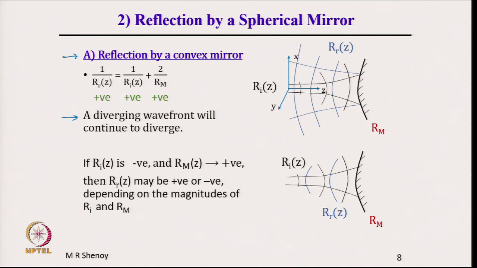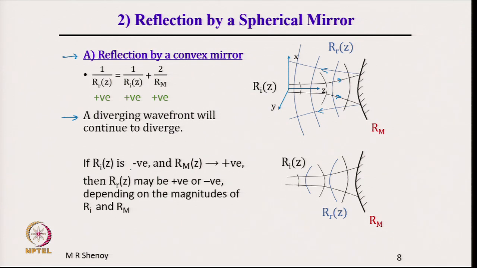An incident diverging beam with a convex wavefront incident on a convex mirror of positive radius of curvature results in a positive R_r of z, which means it is a diverging beam. So, this is the incident beam and this is the diverging beam.